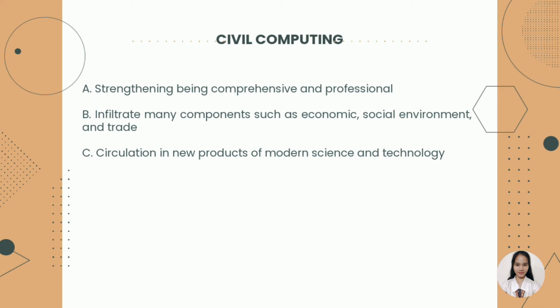The development of modern and advanced technology thus infiltrates national life to prevent great disturbance or incomprehension. Next is it infiltrates many components such as economic, social, environment, and trade. Engineering was the first complete reliability both in the past and in the present.